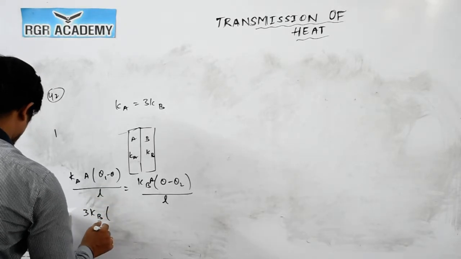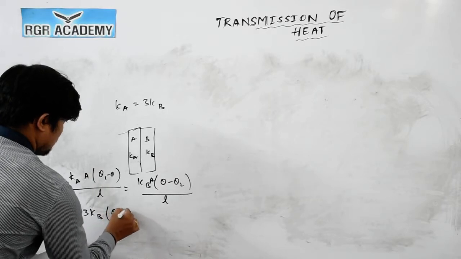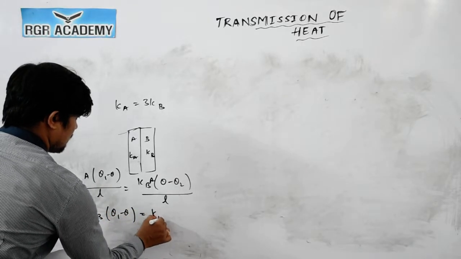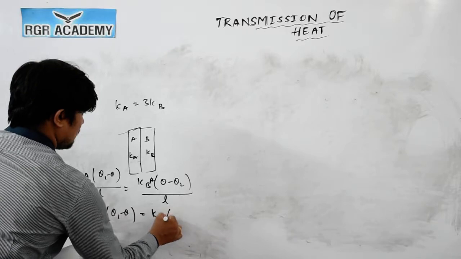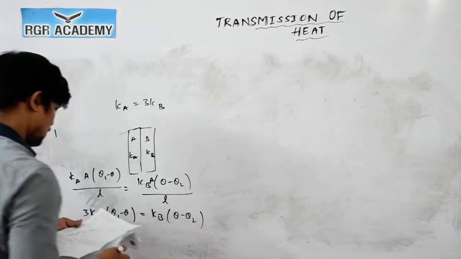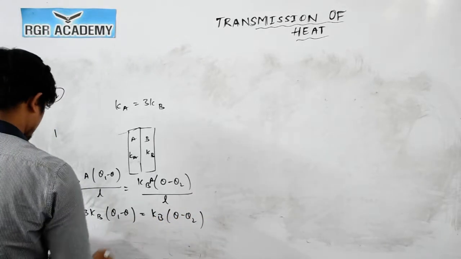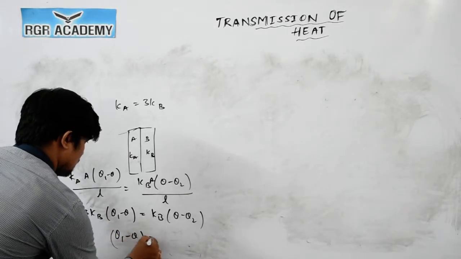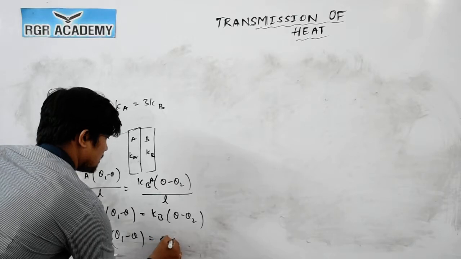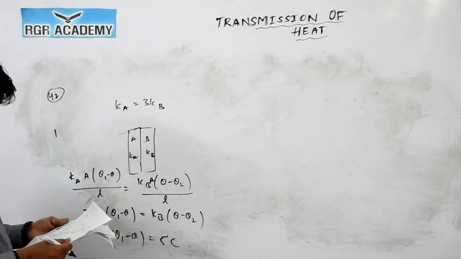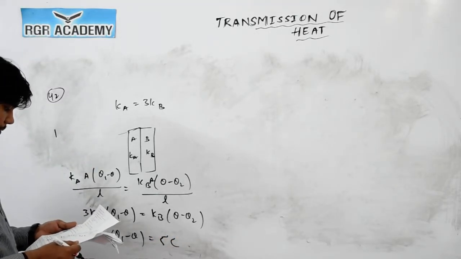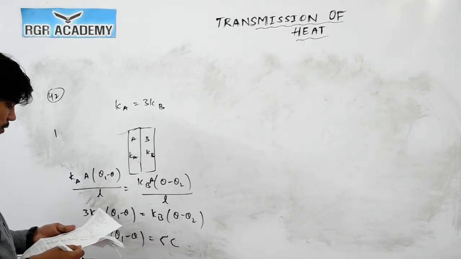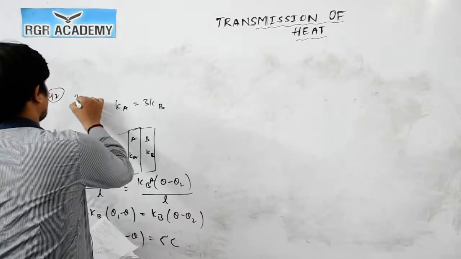The area A will cancel out. So 3 times (theta 1 minus theta) equals (theta minus theta 2). After solving this, you will get theta 1 minus theta equals 5 degrees Celsius. So for question number 42, option number 3 will match.